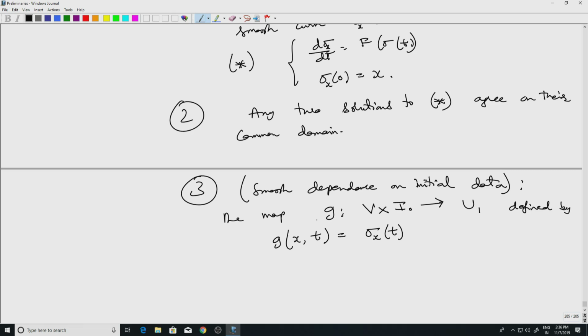What this map is doing is easy to explain. You start with a pair x comma t, you look at the solution which starts at x, and travel along that for time t. So the claim is this map is smooth.